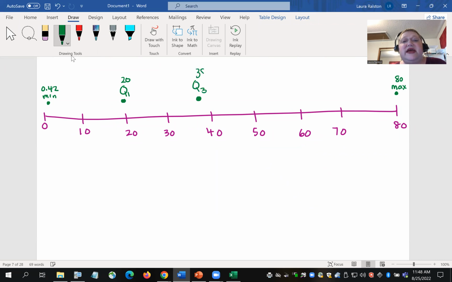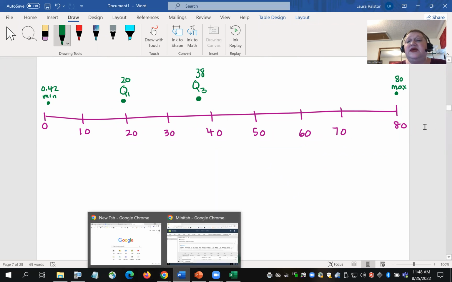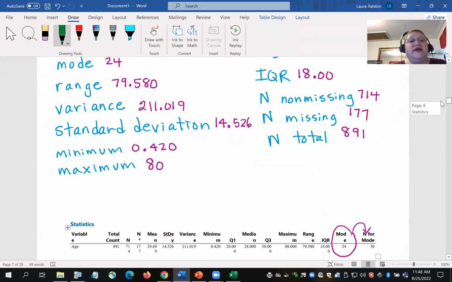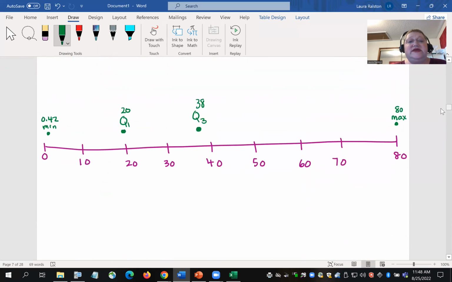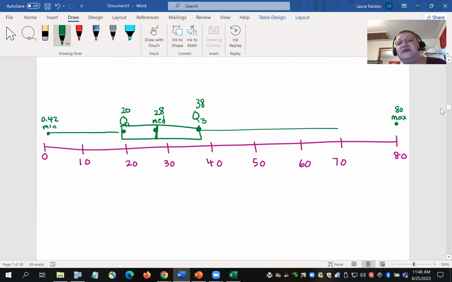Q3 is 38. And I need my median. The median was 28, so my median's going to be probably somewhere right in here. And again, normally for the box plot, you would see a box drawn around Q1 to Q3. Usually there's a bar at the median, and we run the whiskers, if you will, out.